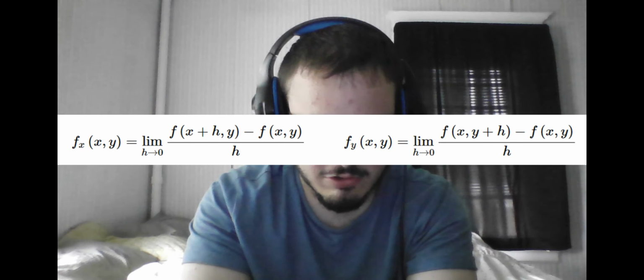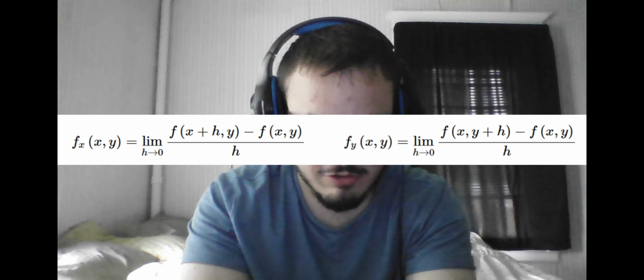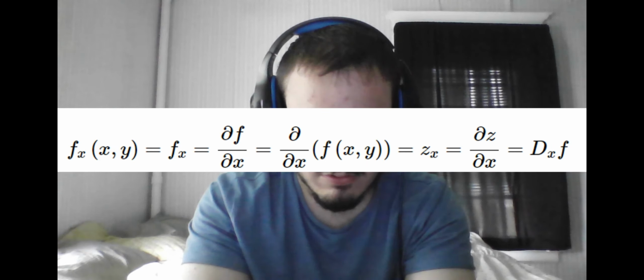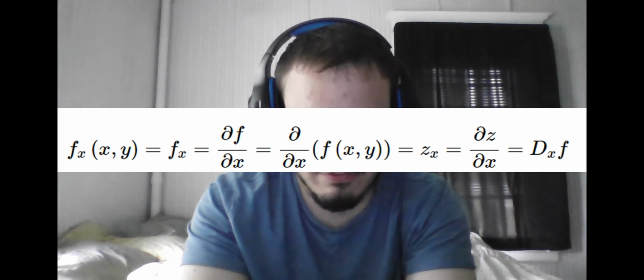Alternative notations for partial derivatives are as follows. You can write f subscript the variable you are taking the partial derivative with respect to without writing the x and y explicitly, or you can write it as the partial symbol with f over the partial symbol with x, or whatever you are taking the derivative with respect to.